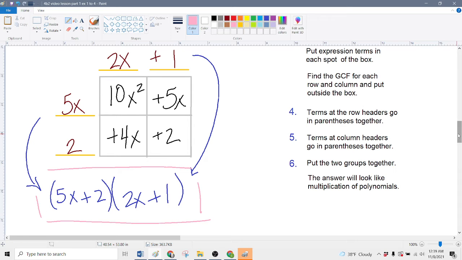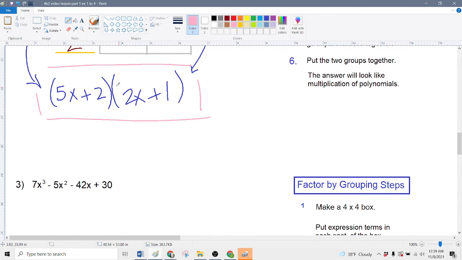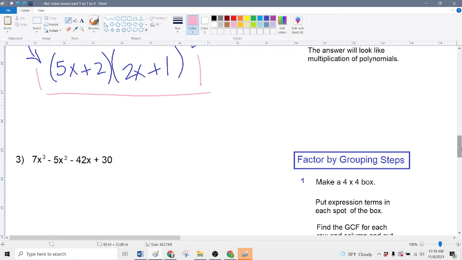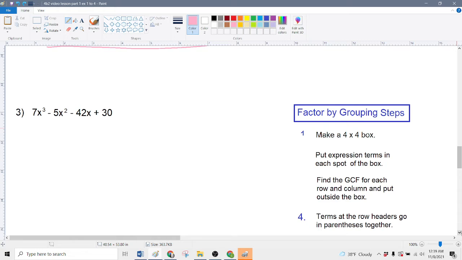You can always multiply this using the box to check. When we're multiplying, those terms will go on the outside, and we'll multiply and combine like terms. Guys, we're going to be doing a lot of multiplying and factoring polynomials, so make sure you remember how to do that. Let's take a look at example 3.